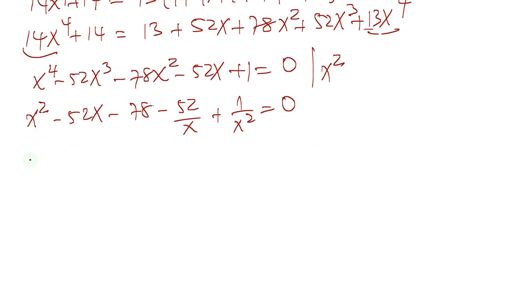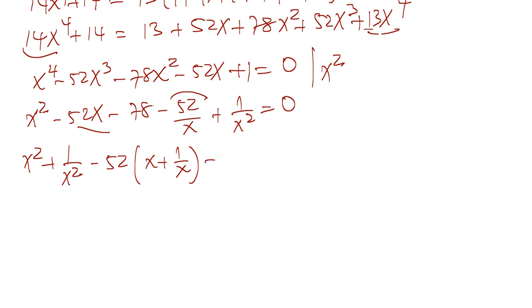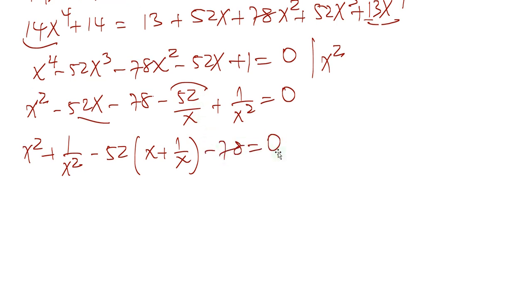So from here, x squared plus 1 over x squared, which is this one, I'm just grouping, and then this one minus 52, right, which multiplies x plus 1 over x, and then minus 78, and then this is 0.